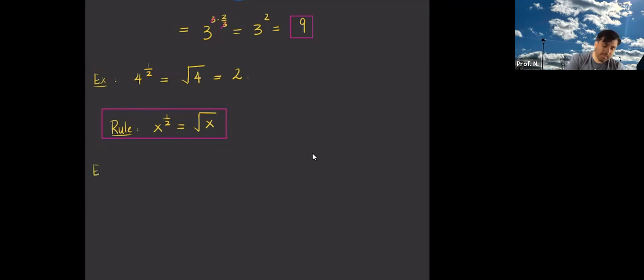Now, what if we have something like this instead? What if I have 125 raised to the 1/3 power instead? Then what's the radical for this?